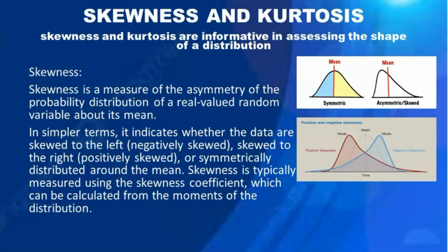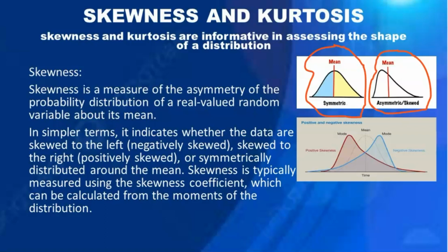So from this diagram that you are seeing, this very one is symmetric, meaning that the distribution is a normal distribution. You will now see that this is the mean at the center, and this other one that you are seeing is asymmetric. Asymmetric simply explains that the data is concentrated at one side, and from what we are seeing here, the moment it is concentrated at the right-hand side, it is called a positive skewness.